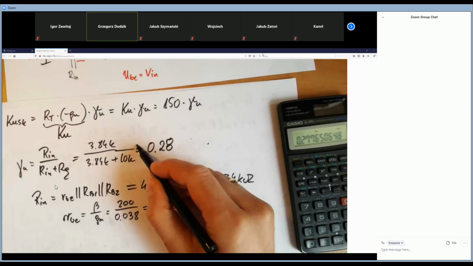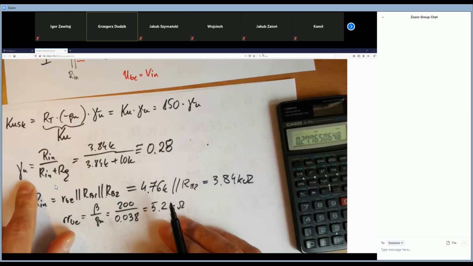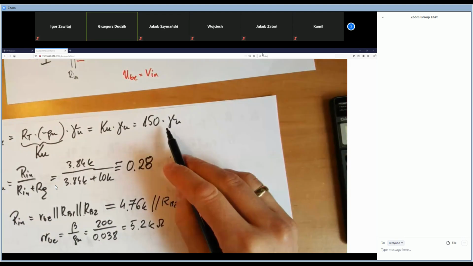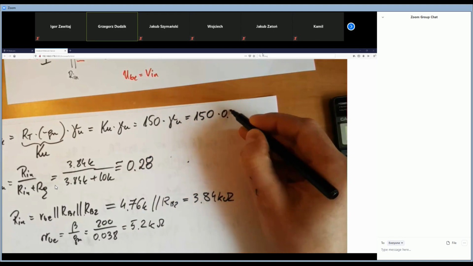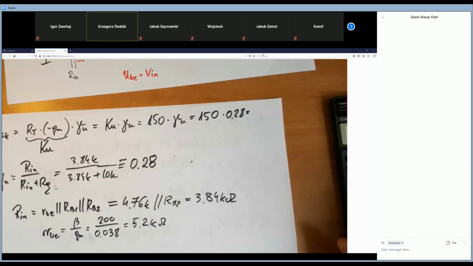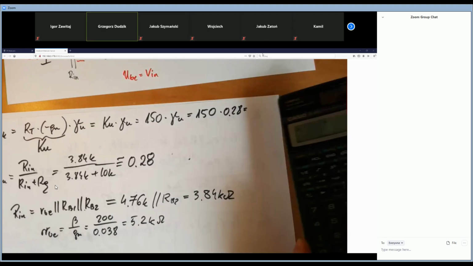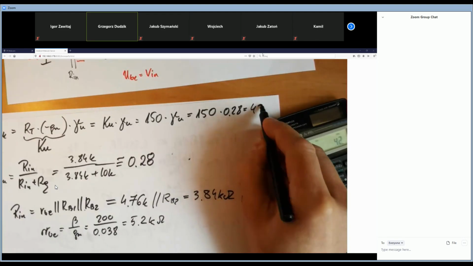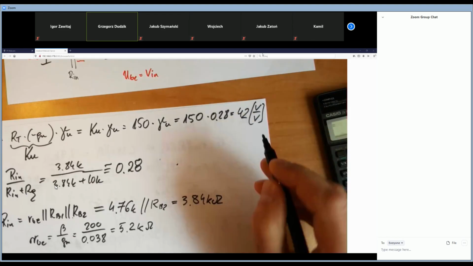Of course there is no unit here. So coming back here, we've got 150 times 0.28, and this is equal to 42 volts per volt, sorry, volts over volts.